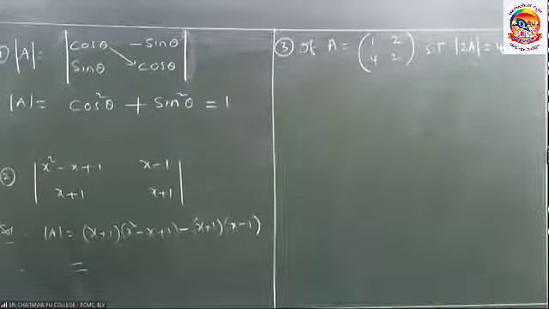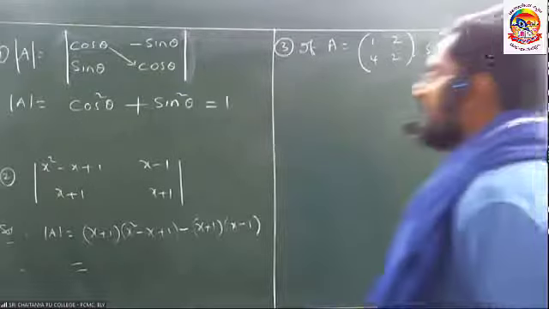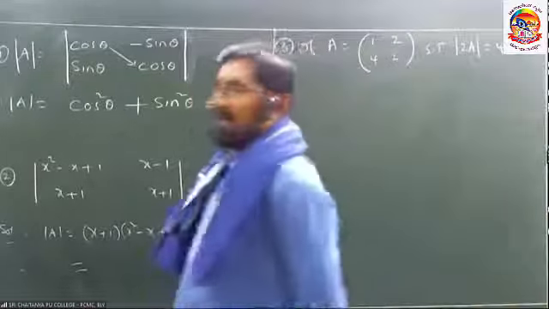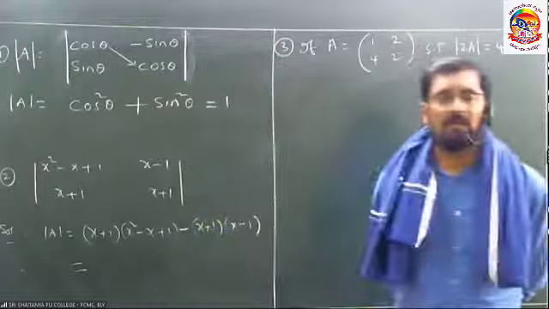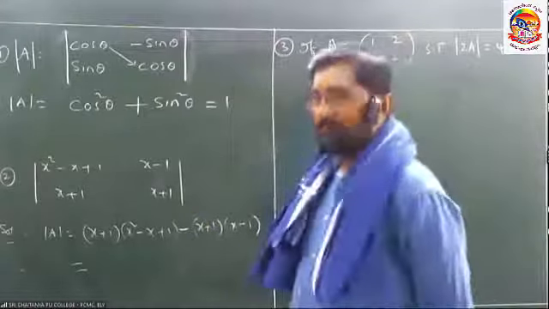Why? Because the determinant exists only for square matrices. Determinant can be found for only square matrices. You can't find the determinant for a 2 by 3 matrix.